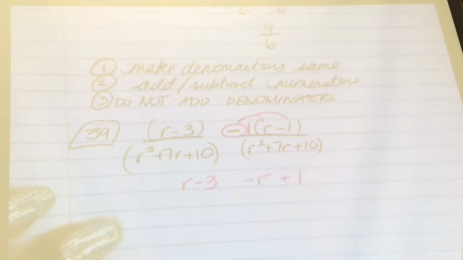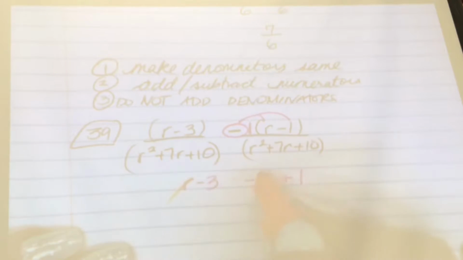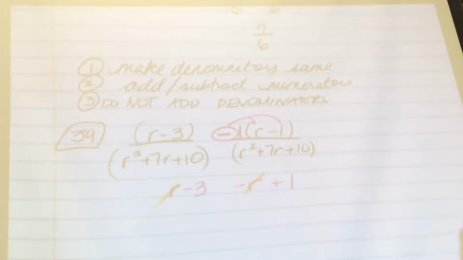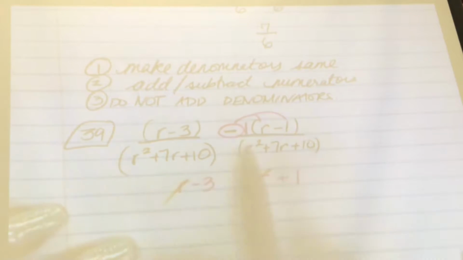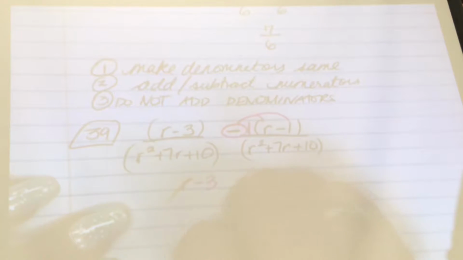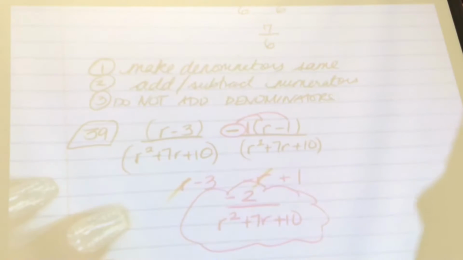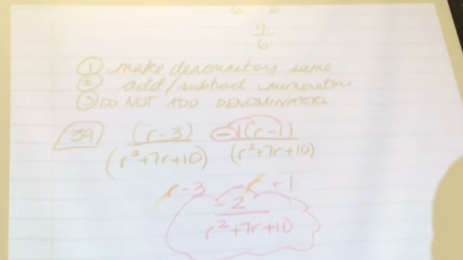I'm still not done because I can combine like terms. r minus r, well, that's just going to cancel and go away. And I'm left with -3 plus 1, which is -2 on top, all over the denominator, which is r squared plus 7r plus 10. And that's number 39.